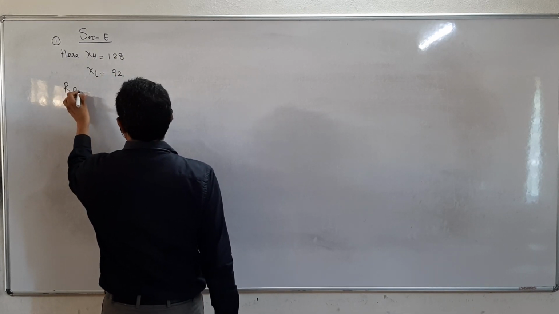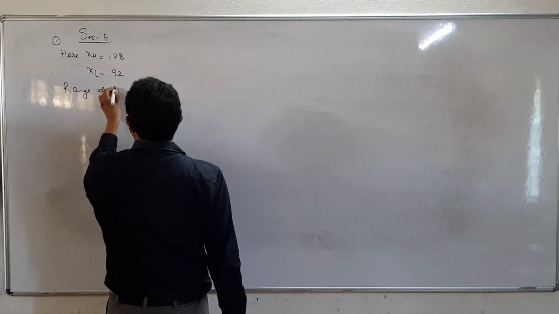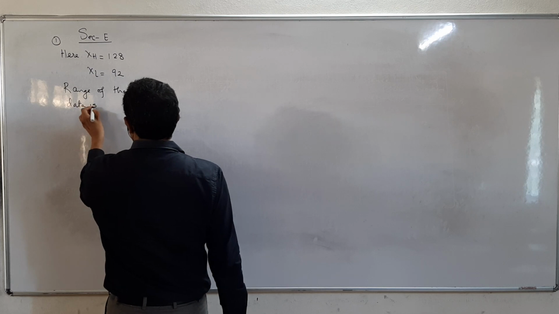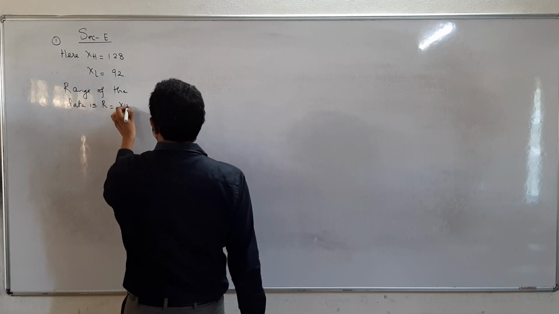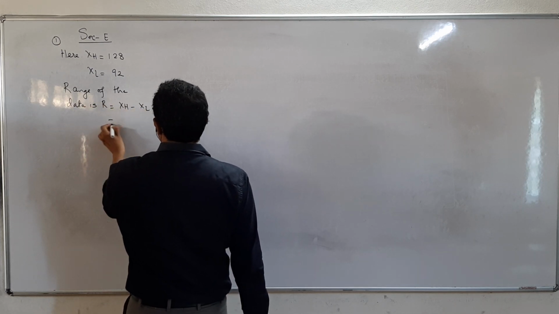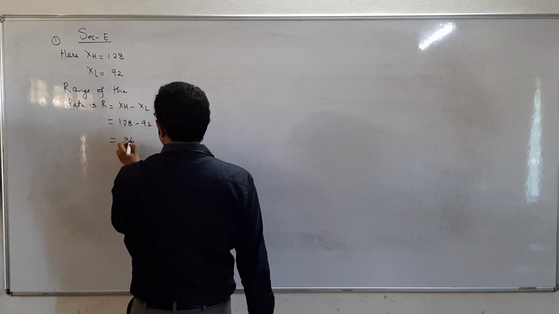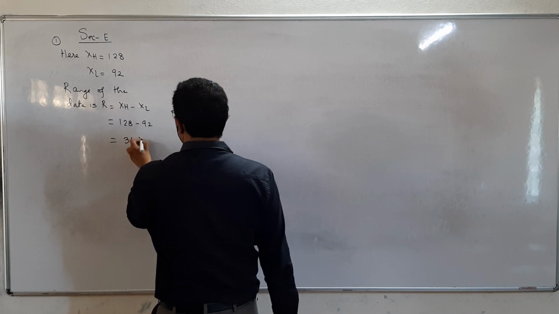So the range of the data is R equal to XH minus XL, 128 minus 92, so 36 mangoes.